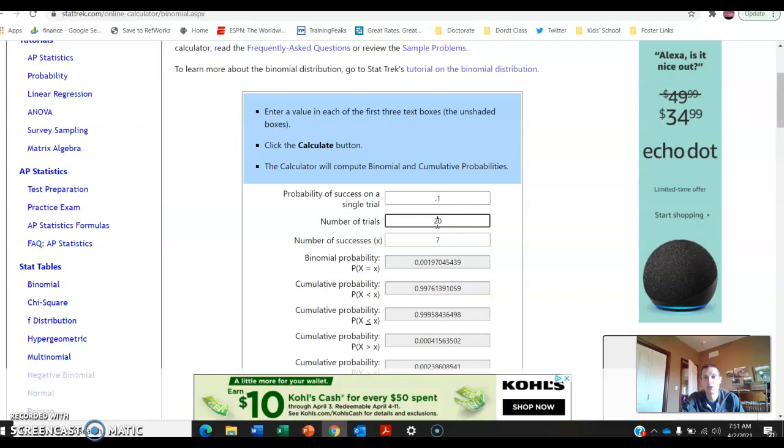We have the number of trials, 20, and the number of successes. In this case, I'm going to select 3 and hit enter, and it gives me the cumulative probability. What the cumulative probability tells me is the total probability of 0 computers, 1 computer, 2 computers, and 3 computers. And that's where we get the 0.677, which is the correct answer.